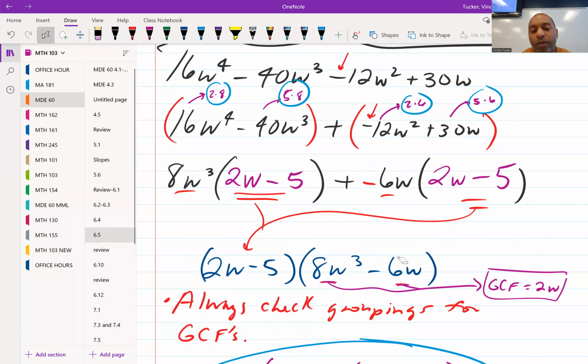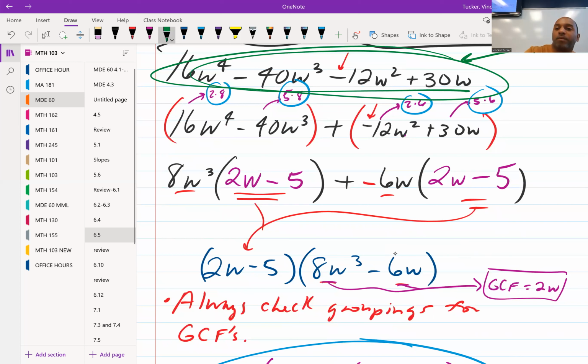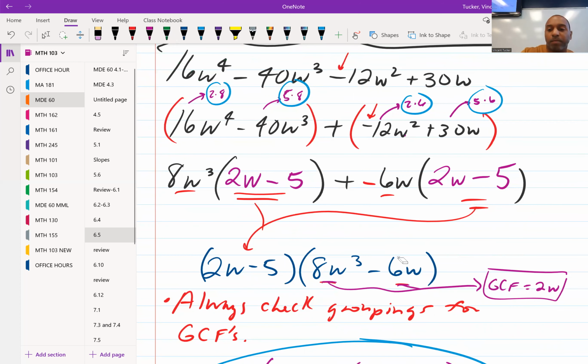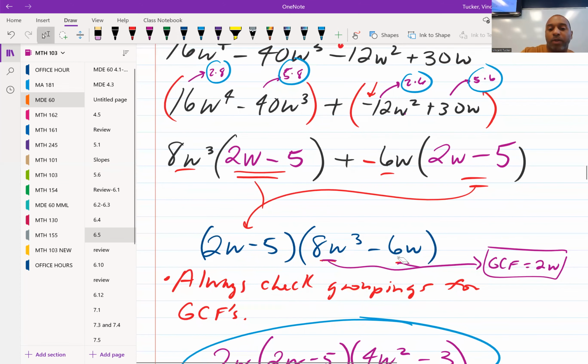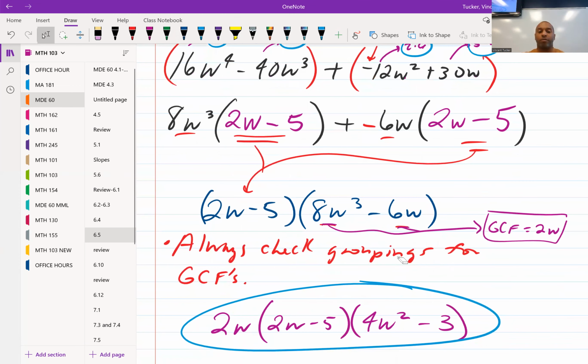Always check for GCFs. As a matter of fact, to make your factoring life easier, factoring out your GCF in the beginning will always be an option for you. We could have taken 2w out of all of these terms in the beginning if we wanted. But whether you take it out in the beginning or at the end, it doesn't matter as long as you do take it out at some point.